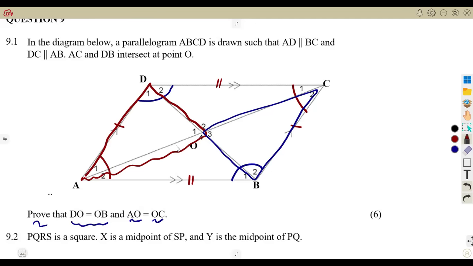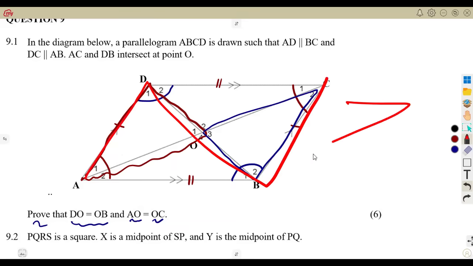All right, let's see. What are we having? They are parallel lines, remember? So let's talk about angle D and angle B, these two, D1 and B2. As you can see, from these two lines we are forming a Z. So these are alternate angles, and remember, alternate angles are equal.